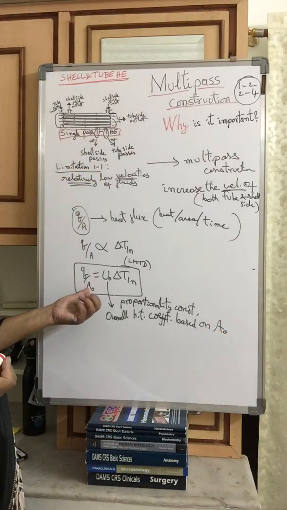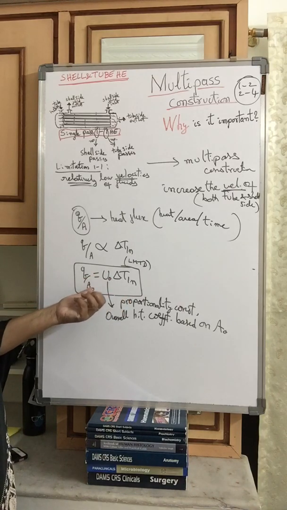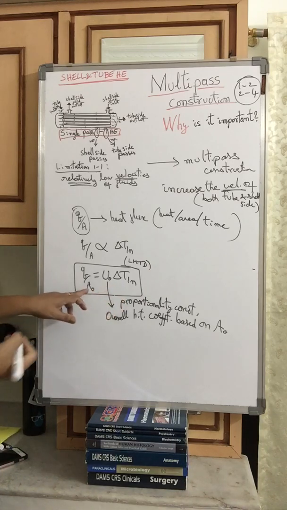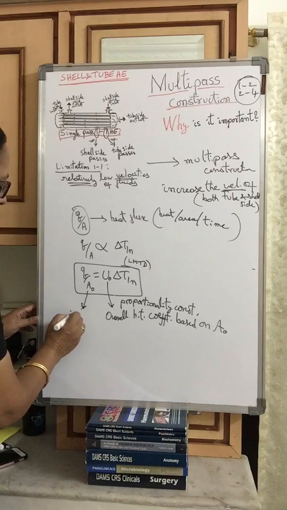Because you are choosing A naught here, we are using U naught. If you choose Ai, you will have to write Ui here. Both Ai and A naught are for the inner pipe wall.